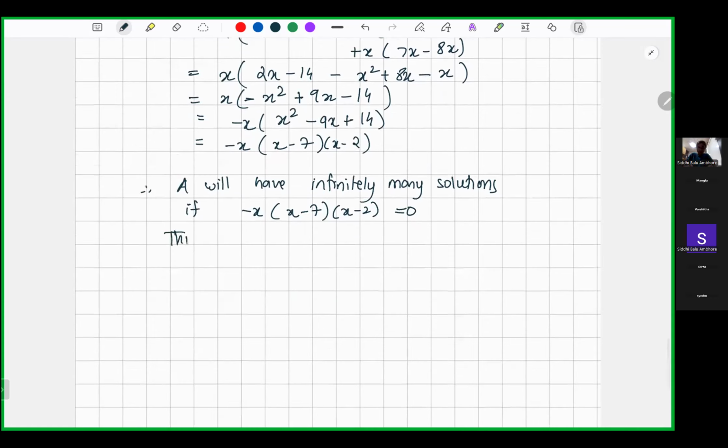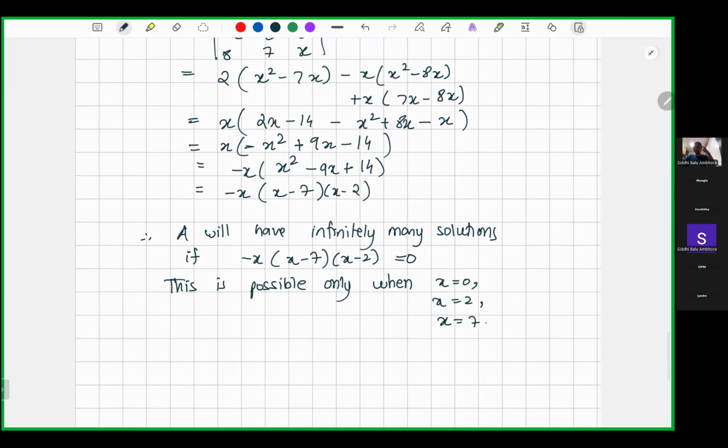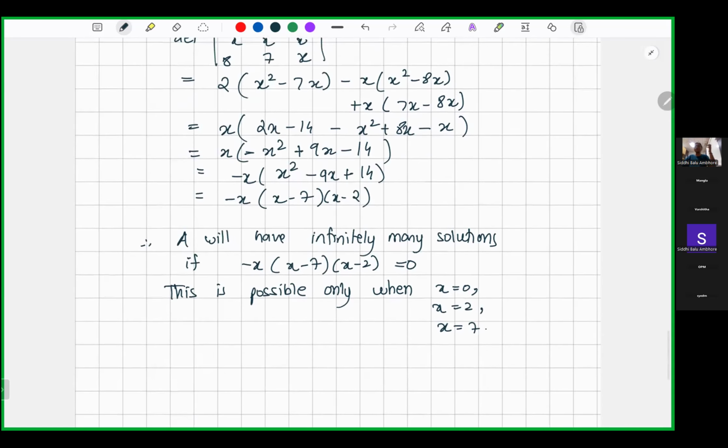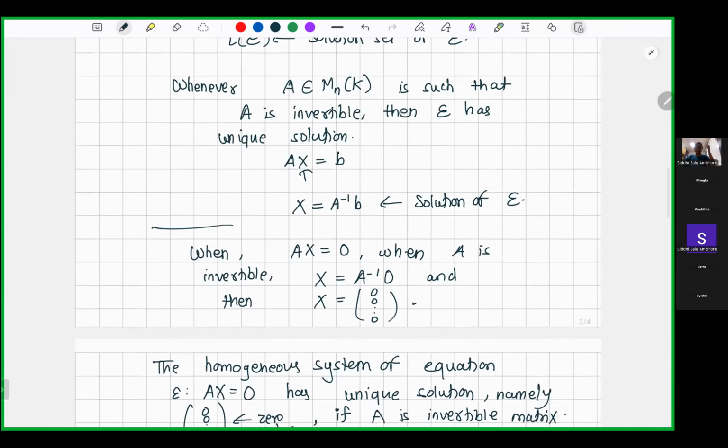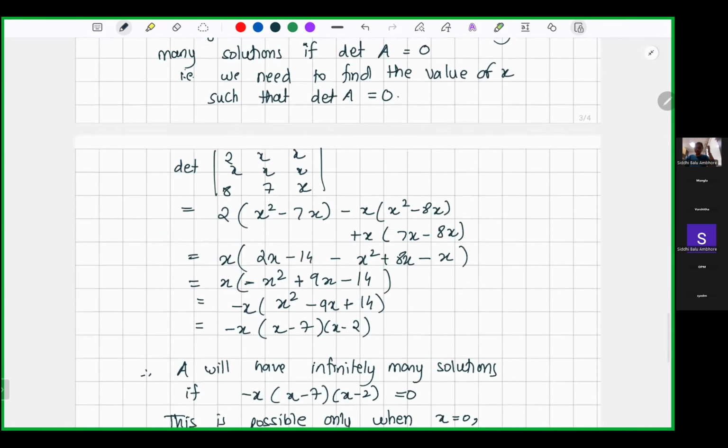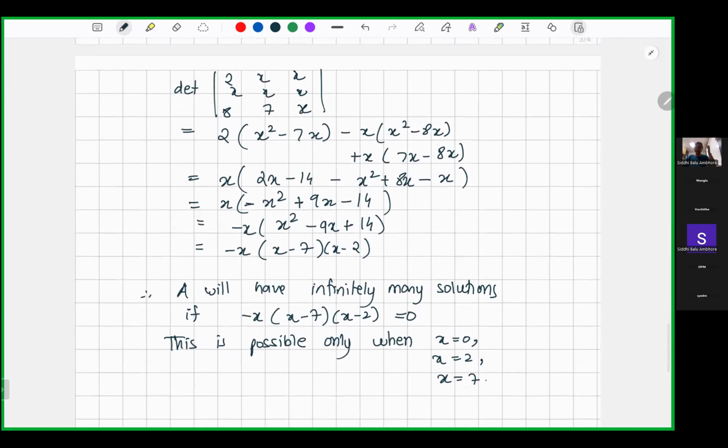And this is possible only when we know that x is equal to 0, x is equal to 2, or x is equal to 7. Is this okay? Any doubts here?